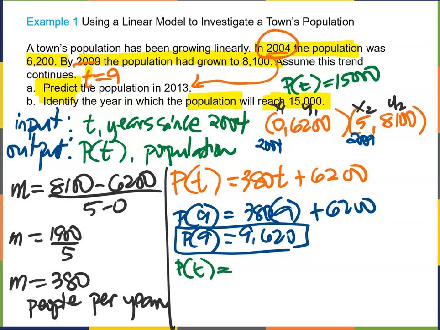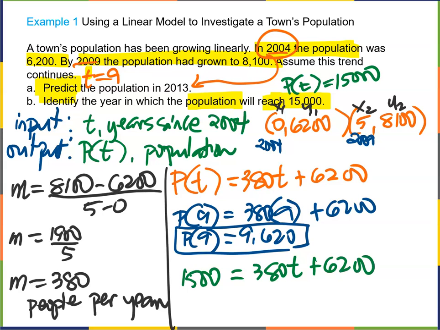So 15,000 is equal to 380t plus 6200. Now we will be able to solve for t. Subtract 6200 from both sides. That is 8800 is equal to 380t.